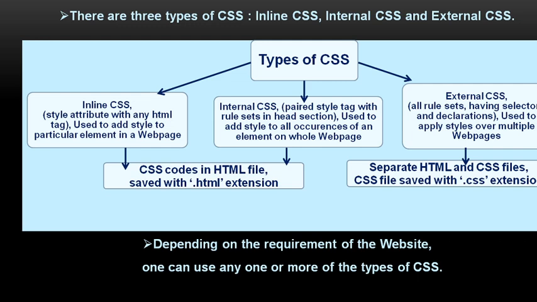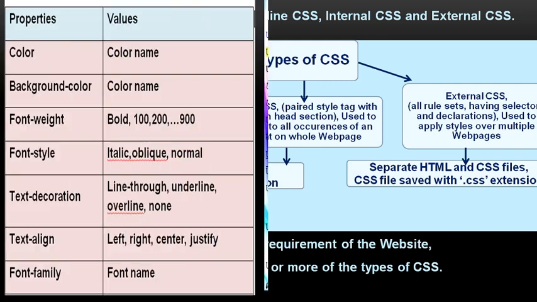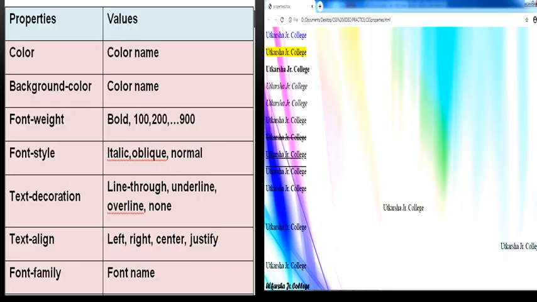So students, here we understand that for us it is very important to know all the properties of CSS which we can add. So let us see the properties of CSS. Here we see the first property is color and its value is color name.